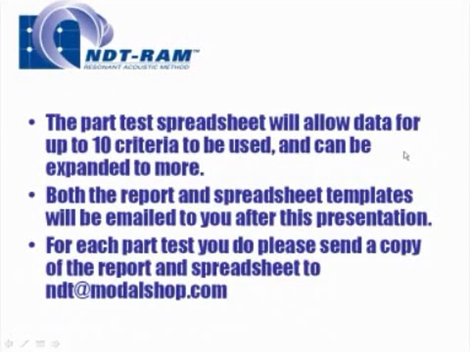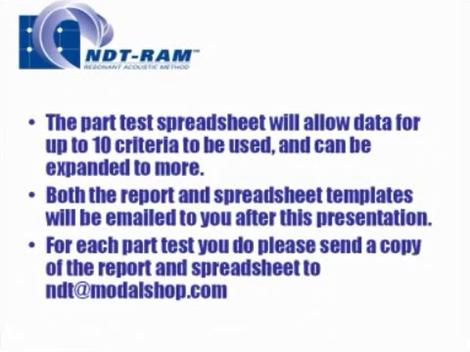Like I stated before, the parts test spreadsheet will allow data for up to 10 criteria to be used. It can be expanded for more, but typically the software is not used for more than 10 criteria. We will be emailing you the report and the spreadsheet templates after this presentation.